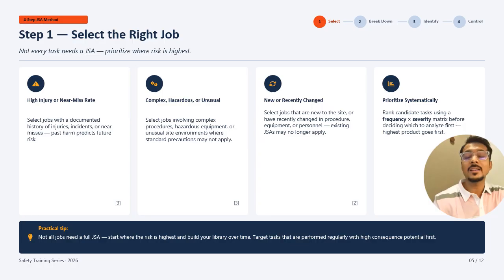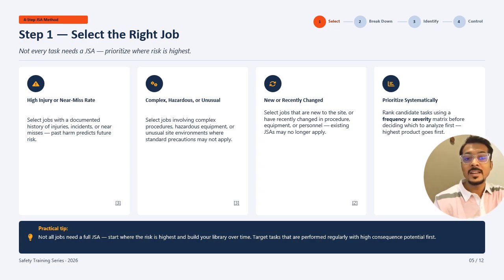Prioritize where the risk is higher. High injury or near miss history: select jobs with a documented history of injuries, incidents, or near misses, past harm indicating future risk. That time it is really required.